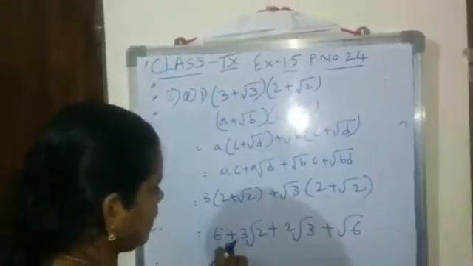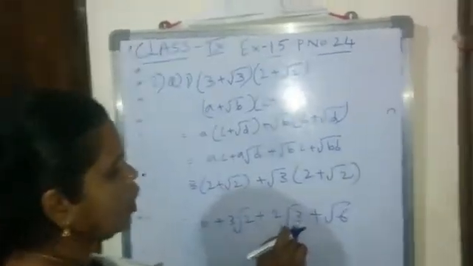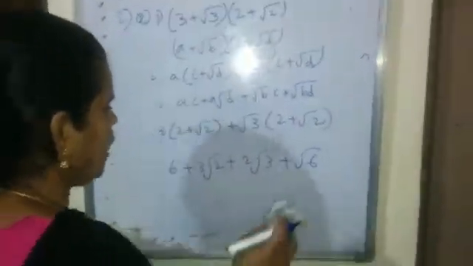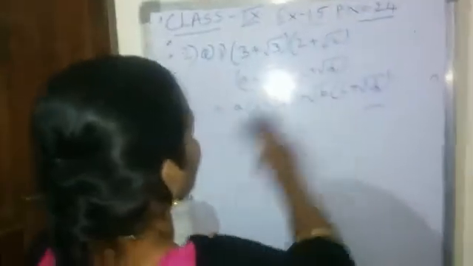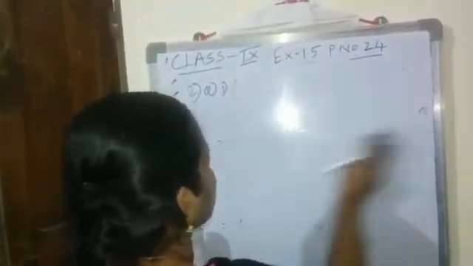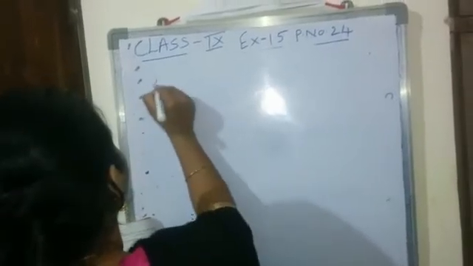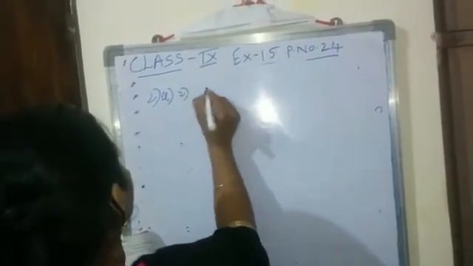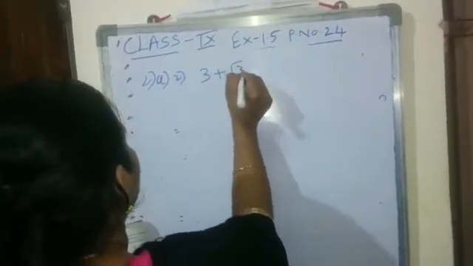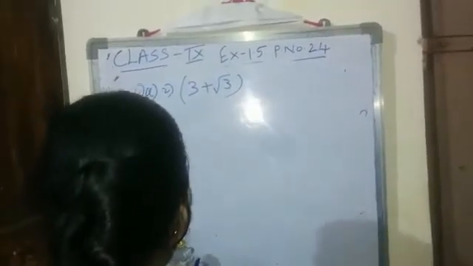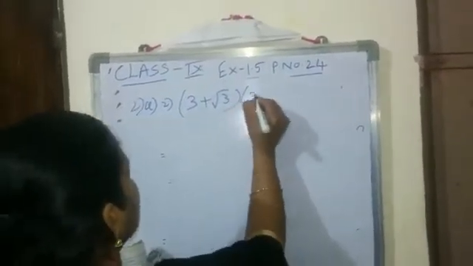So the answer is 6 plus 3 root 2 plus 2 root 3 plus root 6. Now second one: (3 plus root 3) into (3 minus root 3).